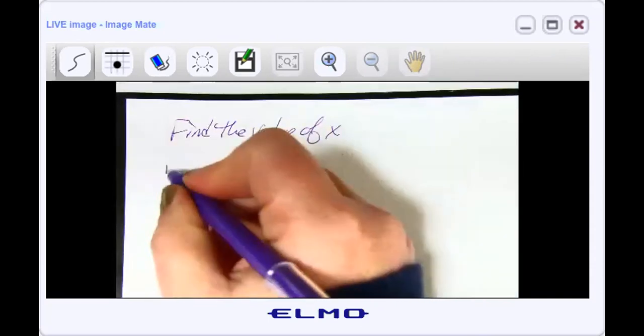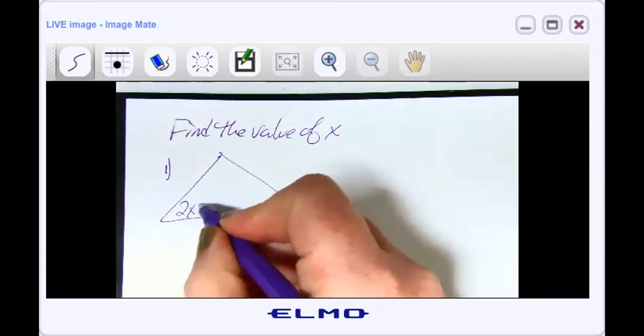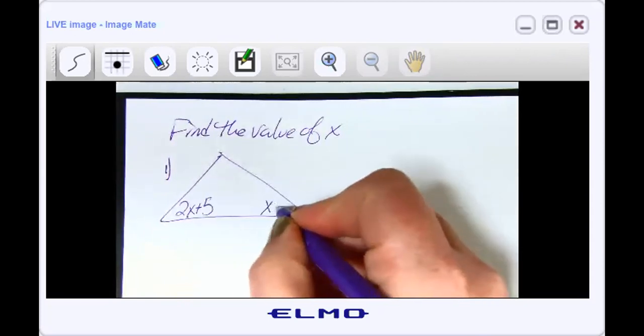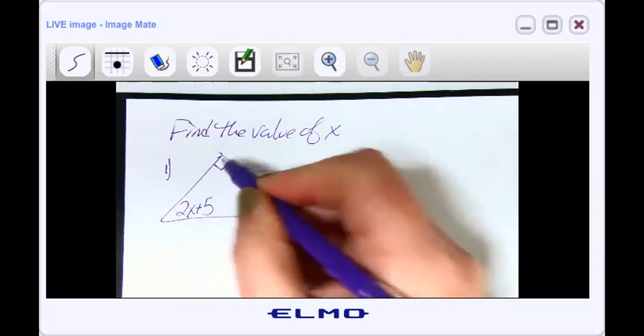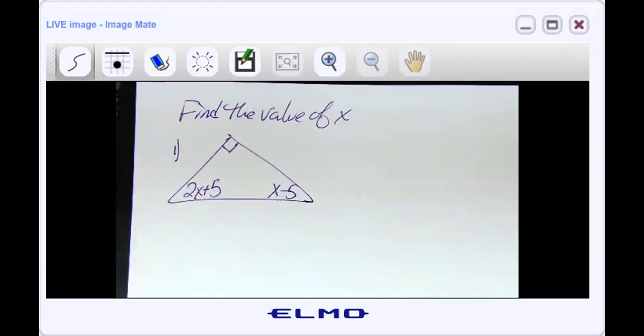Let's just say I gave you something like that. I have no idea if this is going to come out nice or not, but.